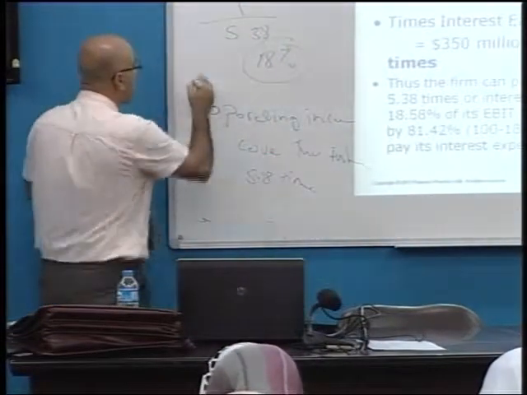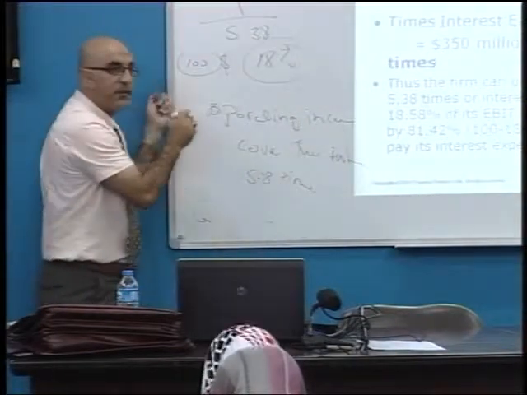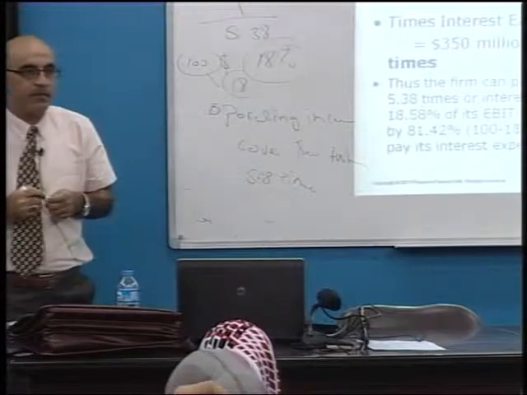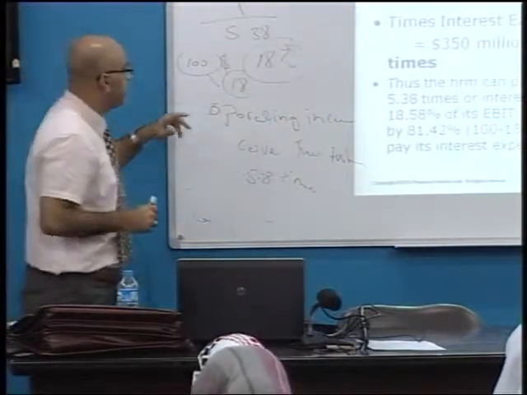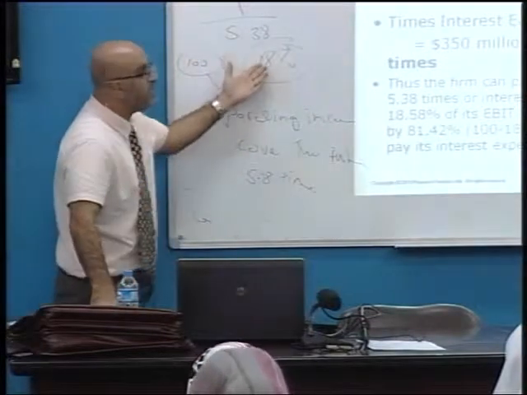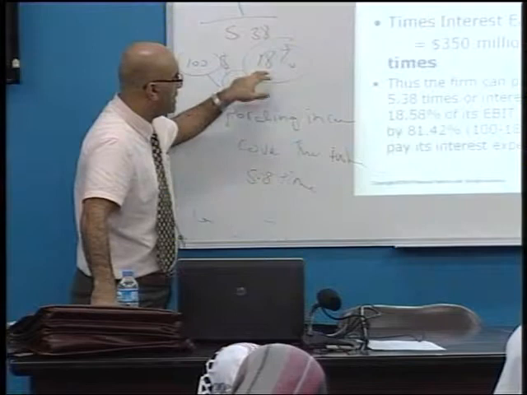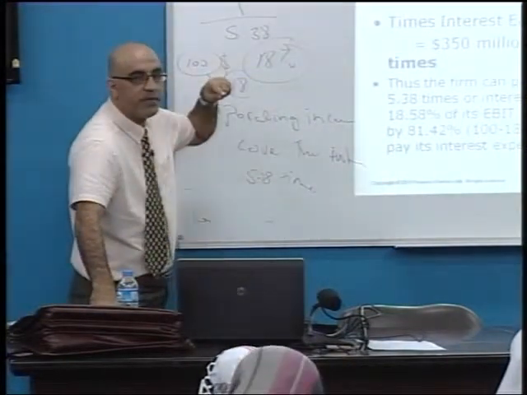For instance, if you have $100 of operating income, of it $18 goes to interest payments. Okay. 18% means the interest payments or the interest expense represent 18% of the operating income.